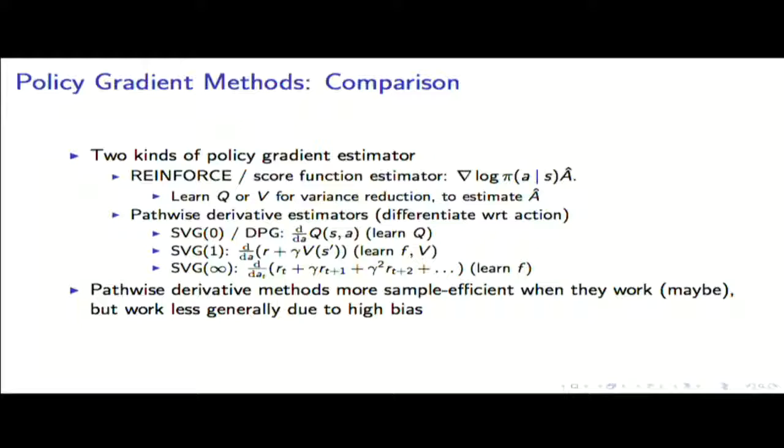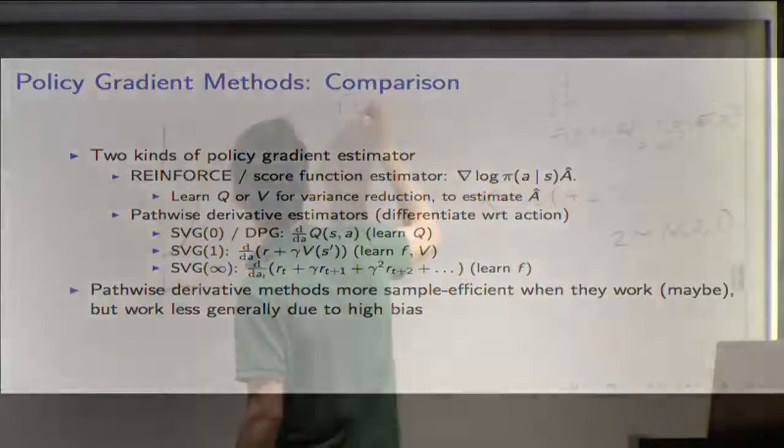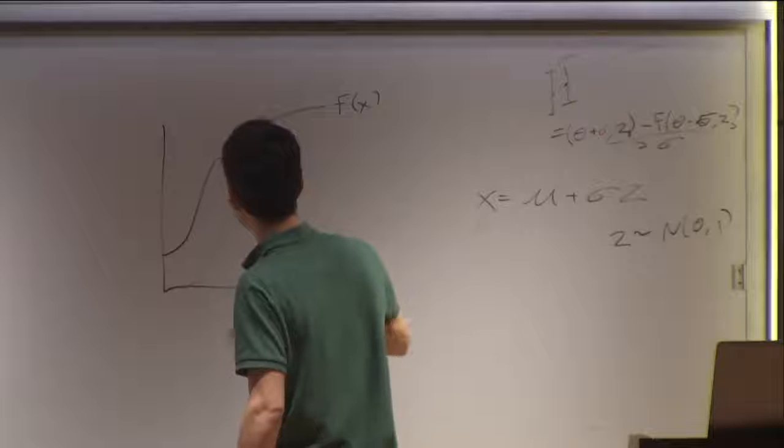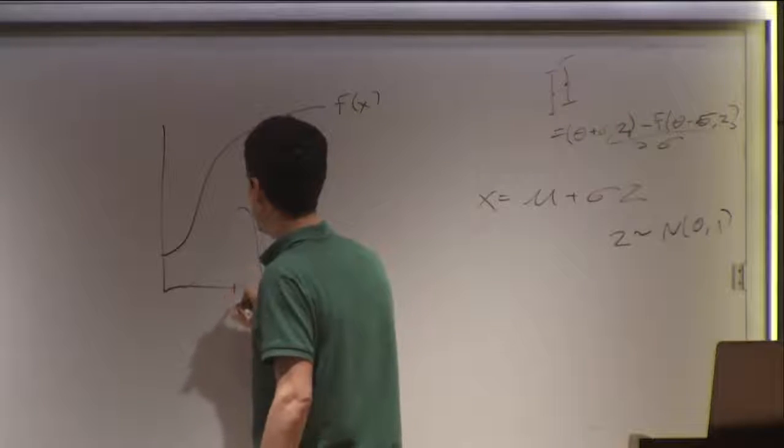Actually, I want to make another point about the pathwise derivative estimator. I said that it is better most of the time because you're actually measuring the derivative. But let's try to think of a case where it's not going to be very good. Let's draw a little picture that illustrates what it is doing. Let's say here's f of x, and then here's our probability distribution, p of x, and our mean is theta.